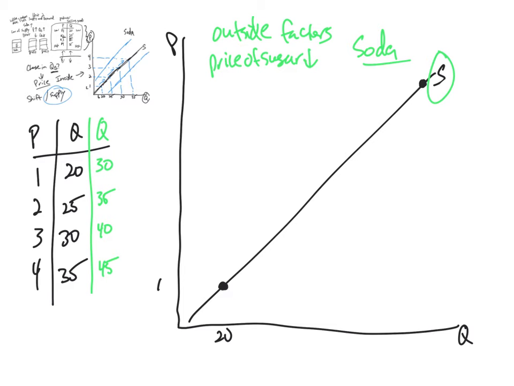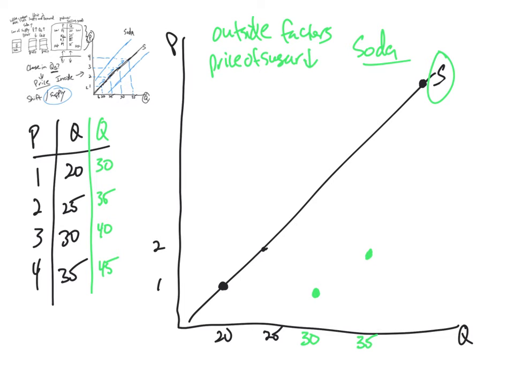And now at $1, I can make 30, so my point is way out here. And before, at $2, I could make 25, but now at $2, I can make 35, which is way out here. So we're going to have a point like that.